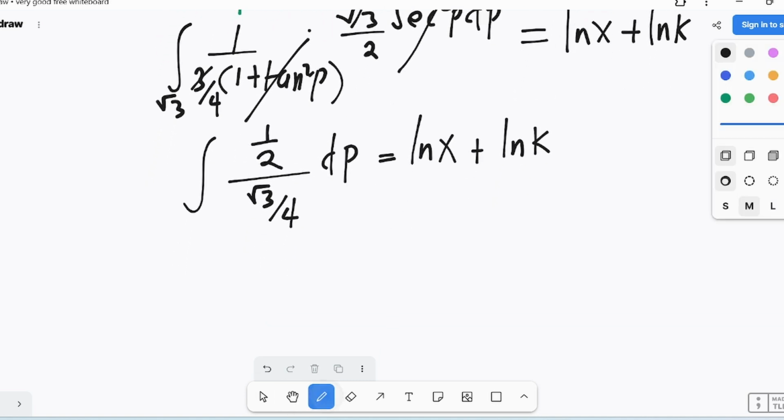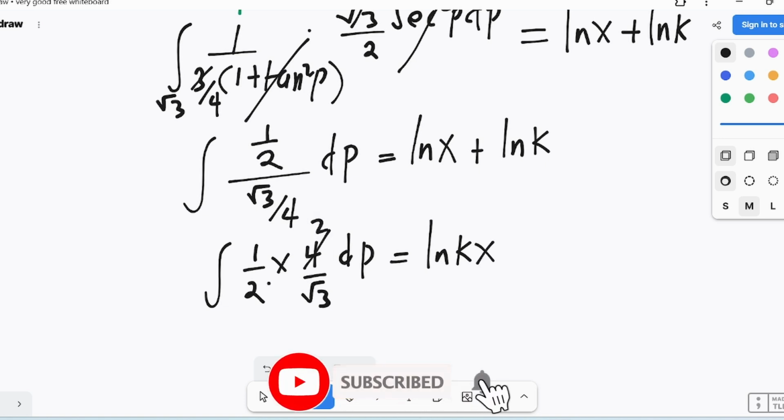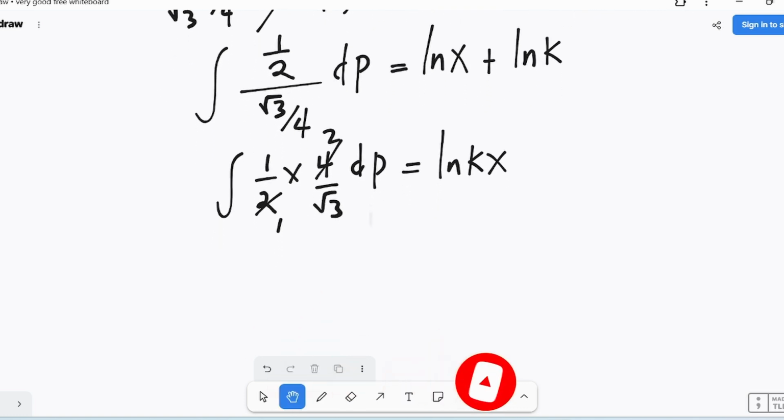Simplifying this, we can have, this is the same as 1 out of 2 times 4 out of root 3 dp is ln kx. So this can reduce by 2 once. So eventually we have simplified that.